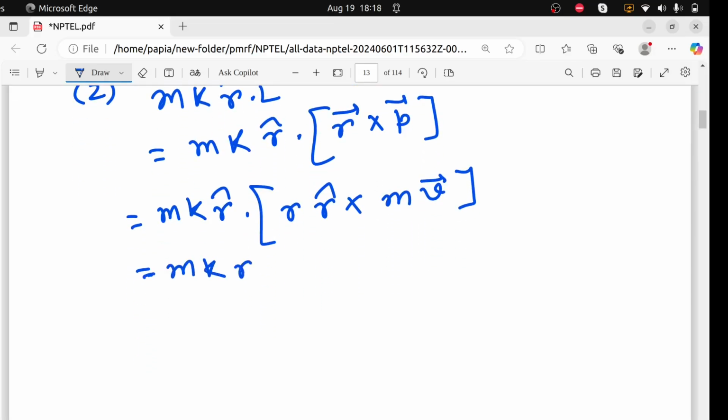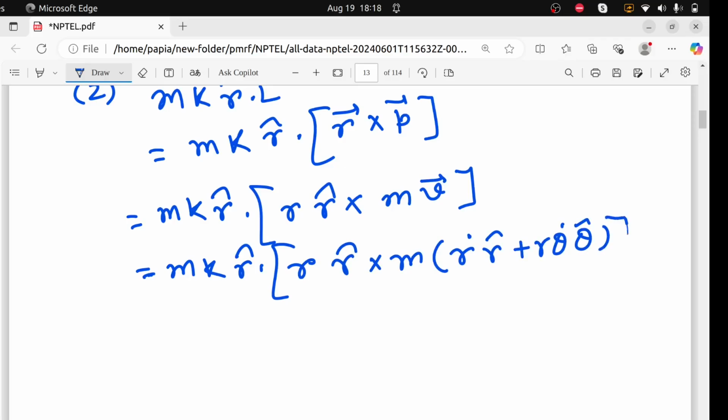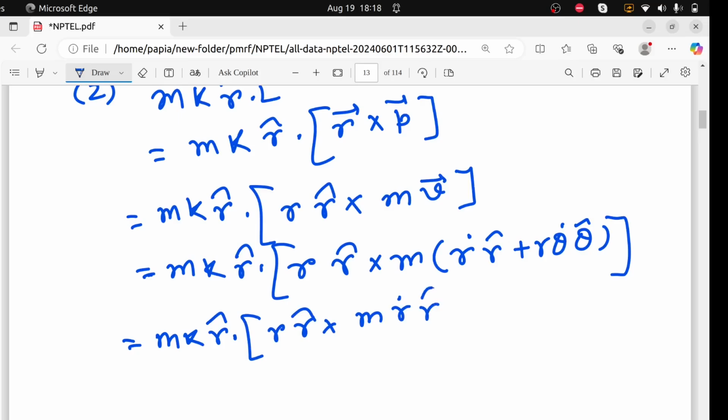So this is r cap cross m into r dot r cap plus r theta dot theta cap. So this is this one plus r cap cross m r theta dot theta cap.